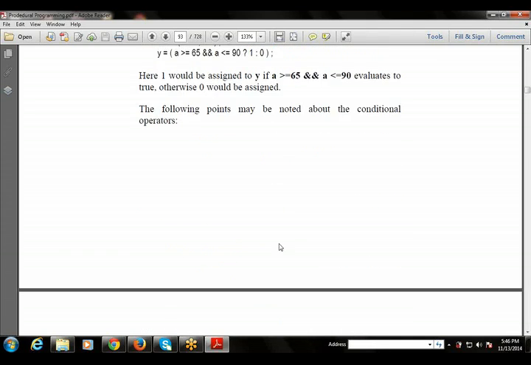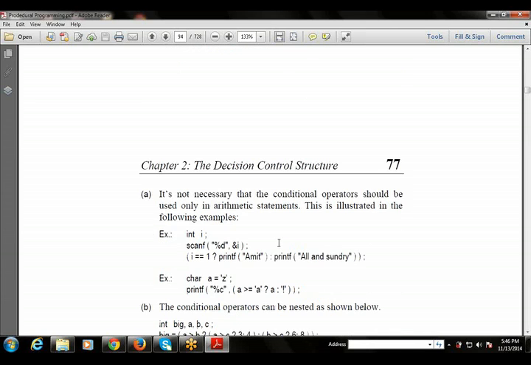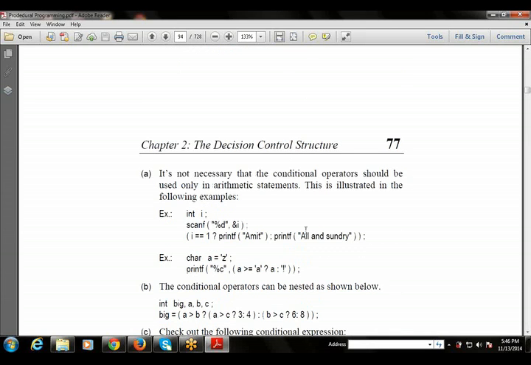The following points may be noted about conditional operators. It is not necessary that the conditional operator be used only in arithmetic expressions. It can also be used within printf statements. This is the example. First take int i, then scanf, storing the input in memory, then check the condition.